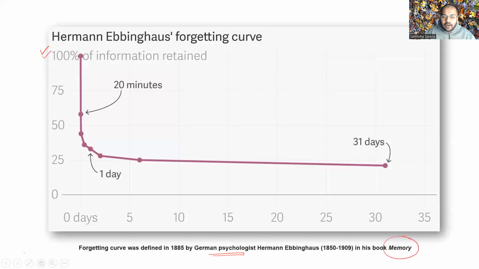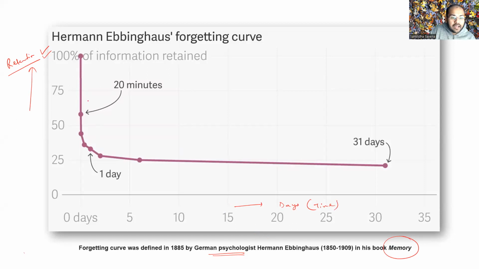So what is this forgetting curve all about? What Ebbinghaus found, if you look at this graph, is that this is the retention graph, the retention of whatever we have studied, and this is days, meaning time versus retention.